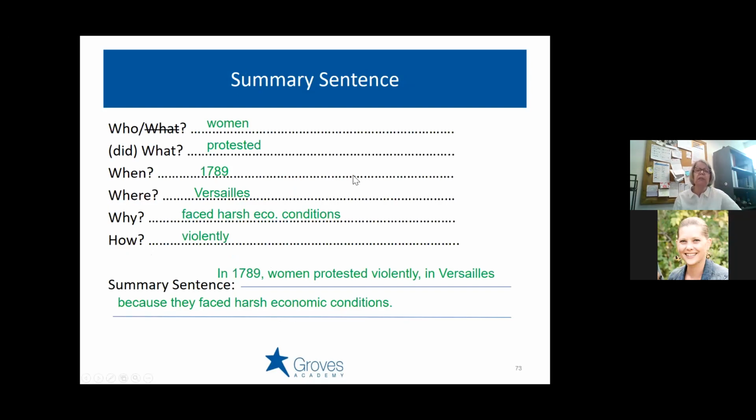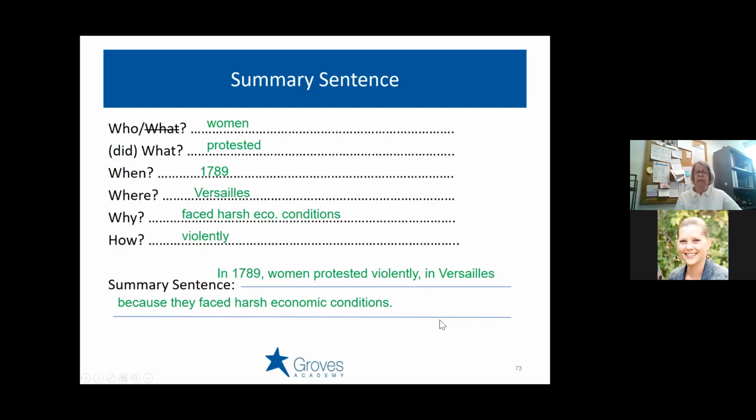You know, this might be a summary sentence for studying the French Revolution. So who? Women, did what? They protested. When? 1789, at Versailles, because of the harsh economic conditions and food shortages they faced, and they protested violently. So here we go in our summary sentence. We start with when. In 1789, women protested violently. Where? In Versailles.